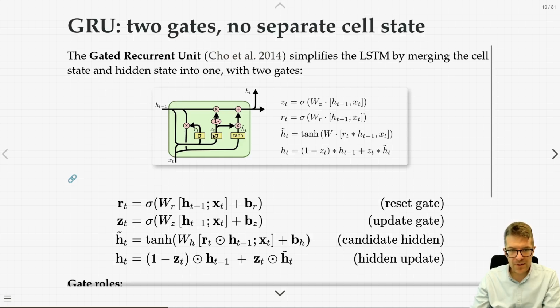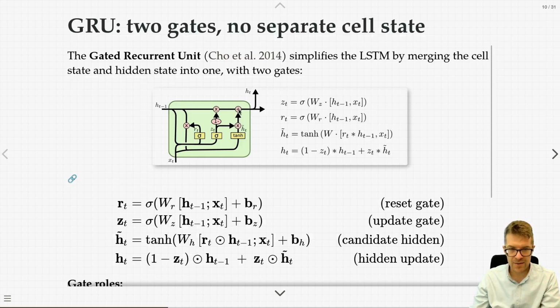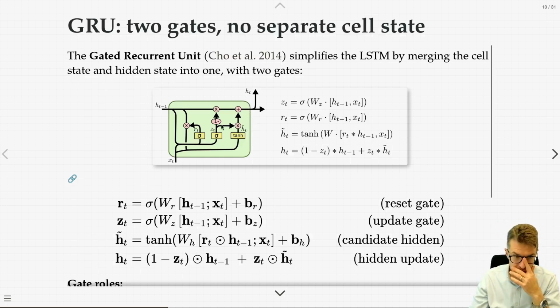We have an update gate over here, which decides to write information to the hidden state. We have the candidate hidden state, which comes out of this update gate. This is very similar to the input and candidate gate from LSTMs. Then we have the hidden update, which occurs over here on the right, and this writes information back to the hidden state. Then this is passed forward in time and up through the network towards the output. So we've simplified a little bit. We're still relying on some coordination between the reset gate and the update gate.